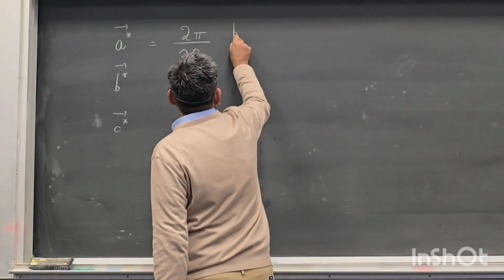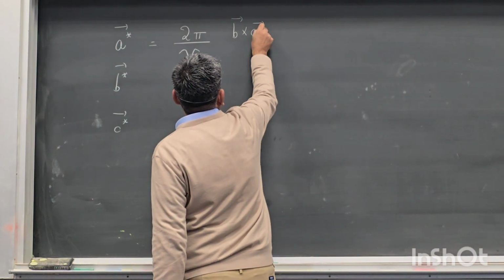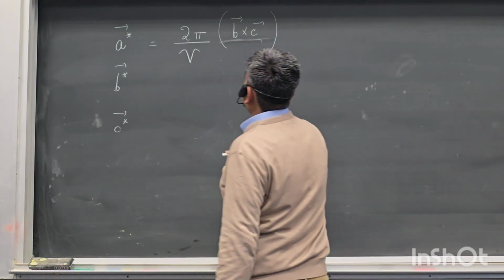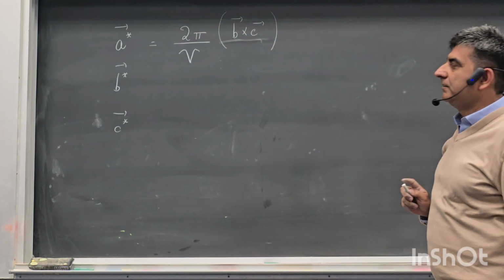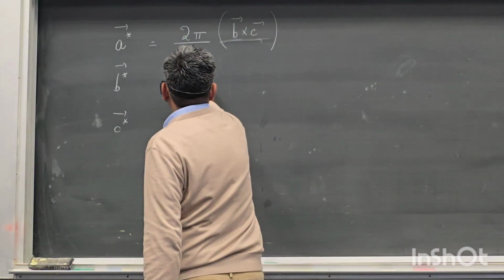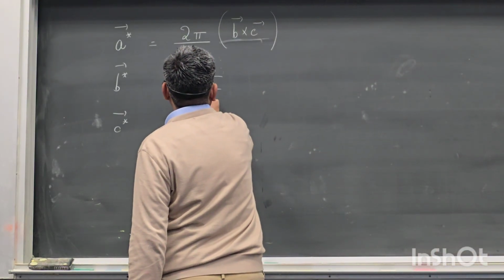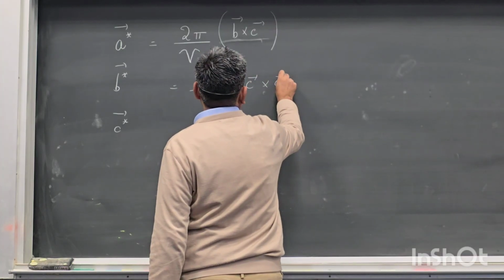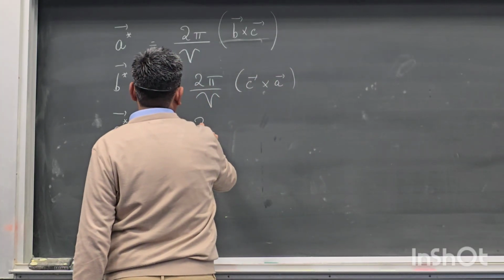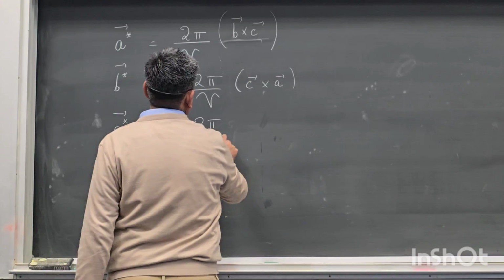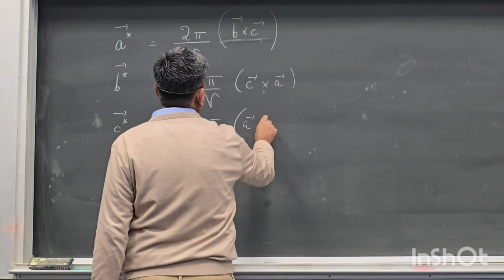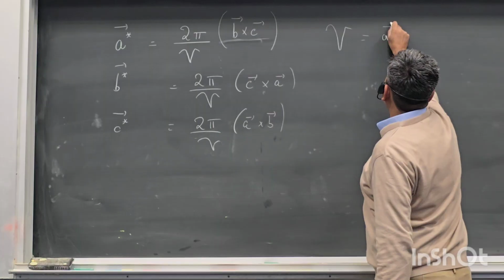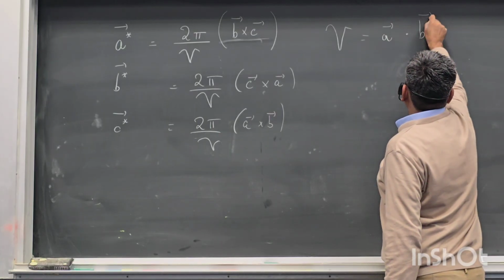A star is B cross C, right? So this is my A star. My B star is 2 pi over the volume in the direct space, C cross A. This is 2 pi over V, A cross B, and keep in mind that my V is the volume in the direct space.